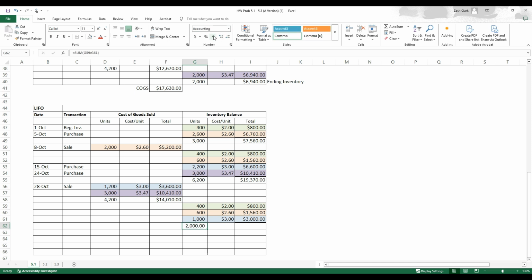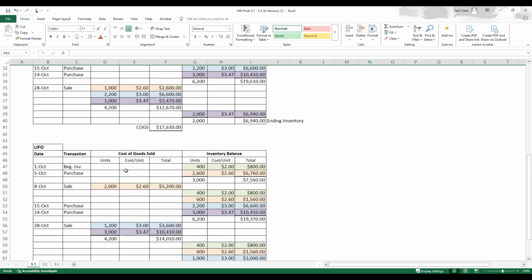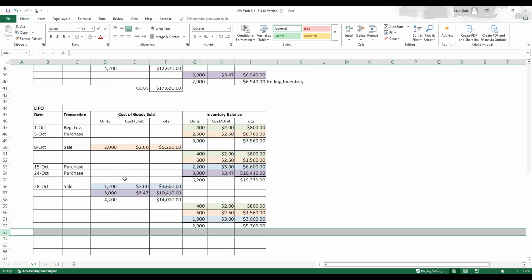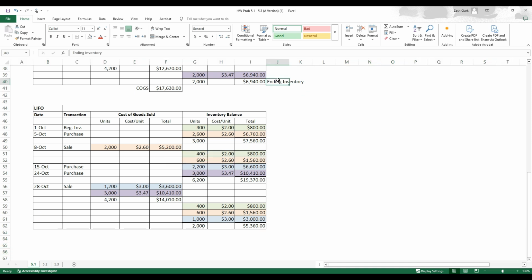And those are units, so let's make sure that's differentiated. So 2,000 units. And the cost that we have with LIFO is 5,360. Okay, let's delete out our extra space. So then you can copy that. That's our ending inventory.